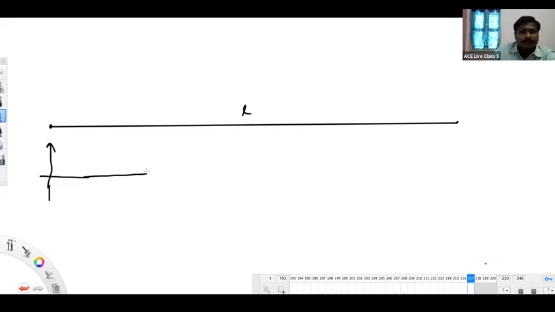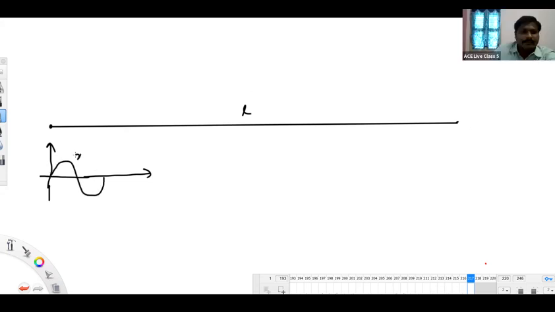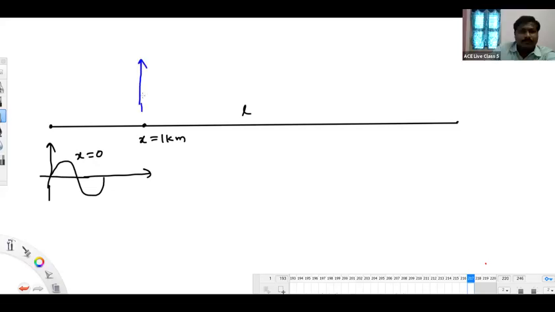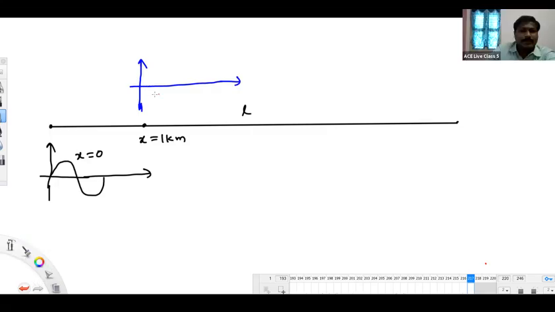At x equals 1 kilometer, the wave will be shifted by an angle of beta. So you'll get it like this, shifted by an angle of beta.